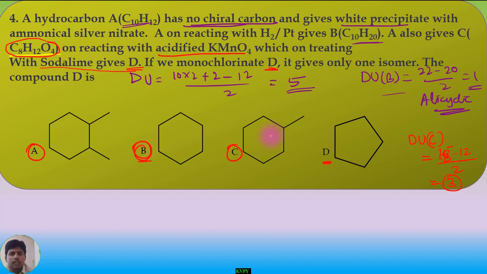So this much analysis is needed. We can also write the product as it is. If it has a 6-member ring, then 2 other carbons, total 10 carbons, so it should have a triple bond like this, and it should be 1,4 substitution only, otherwise it can form a chiral molecule.